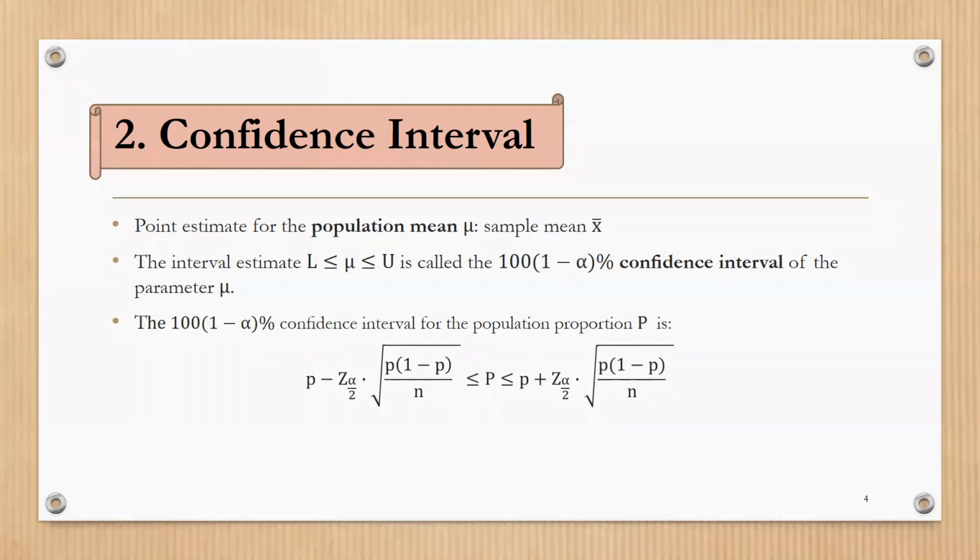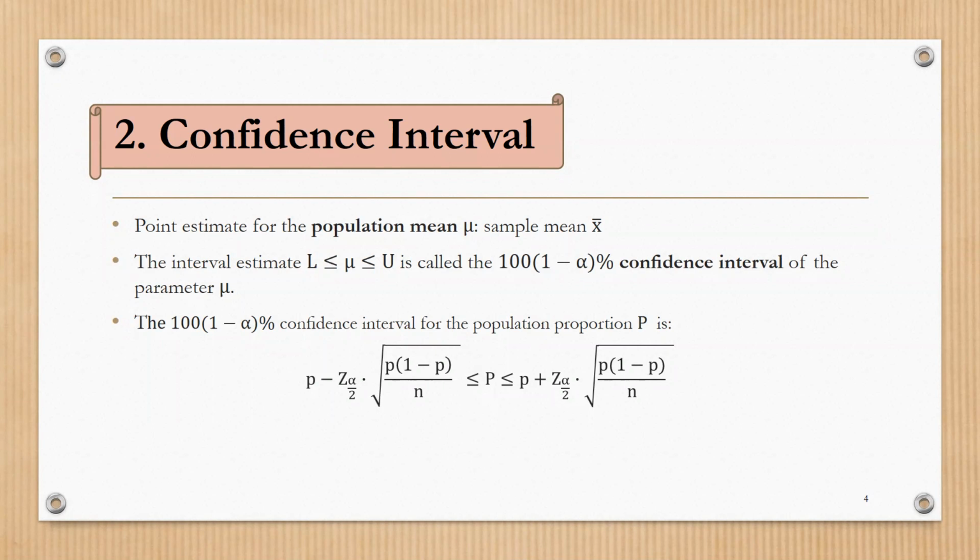Depending on how we define alpha, the confidence interval can be different. In practice, if we define alpha as 0.05, then 100 times 1 minus alpha would be 100 times 0.95, and therefore you will have a 95% confidence interval.